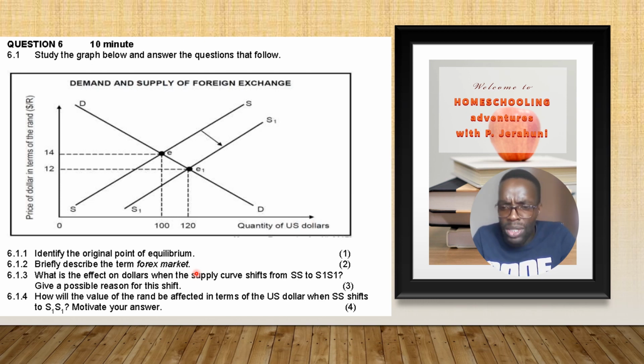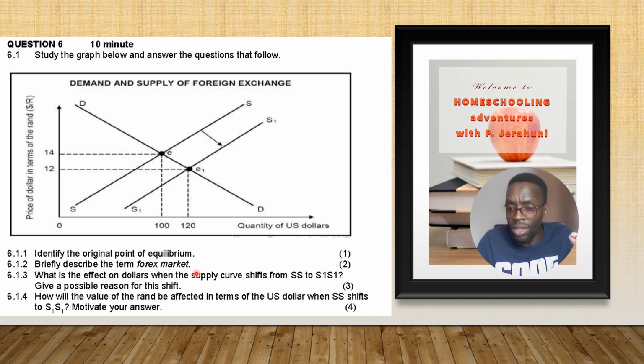A foreign exchange market is a place where the sellers of foreign currency meet the buyers of foreign currency, and they exchange these at a foreign exchange rate. That becomes the price. That's what learners could have said.